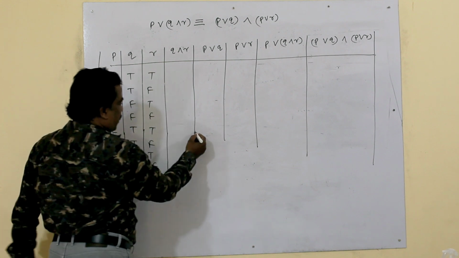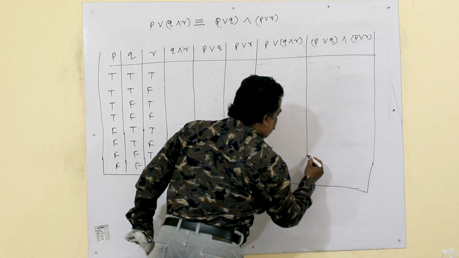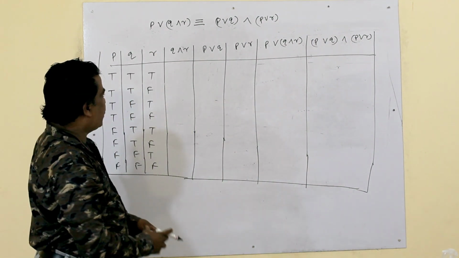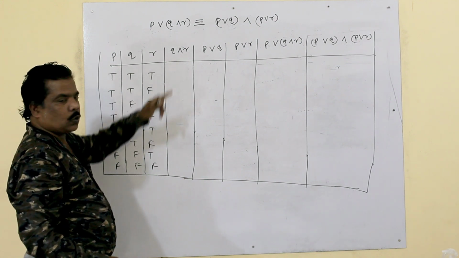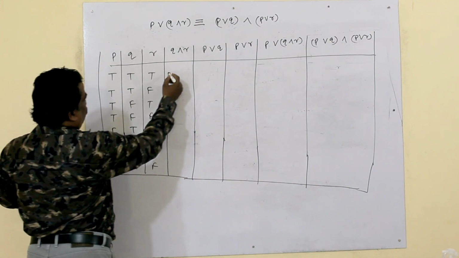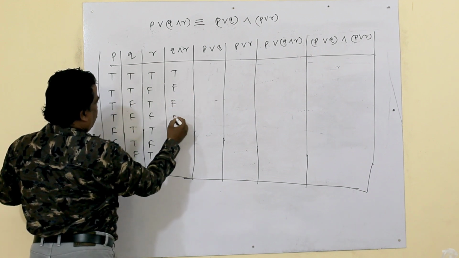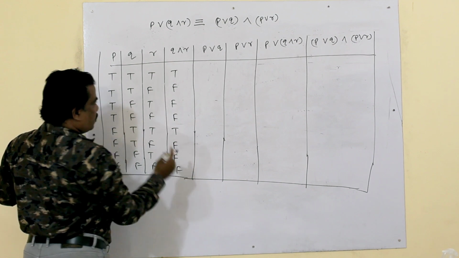Then we find the truth values of Q conjunction R. In case of conjunction, if both are true, it is true, otherwise false. So for Q and R: true, false, false, false, true, false, false, false.